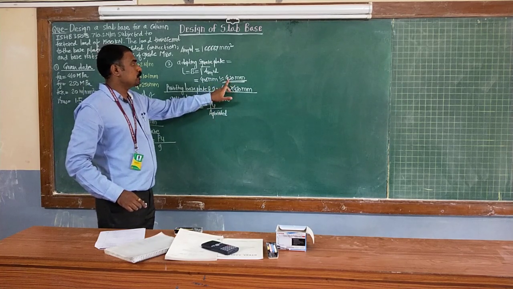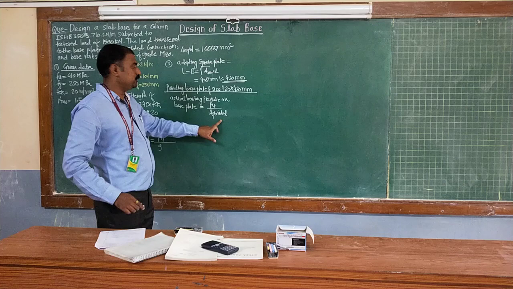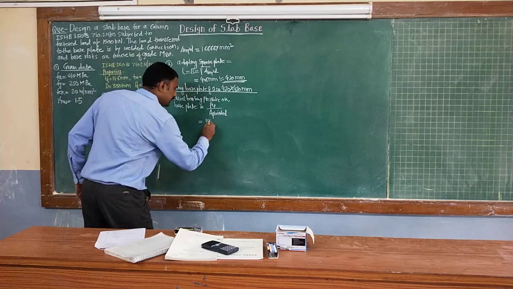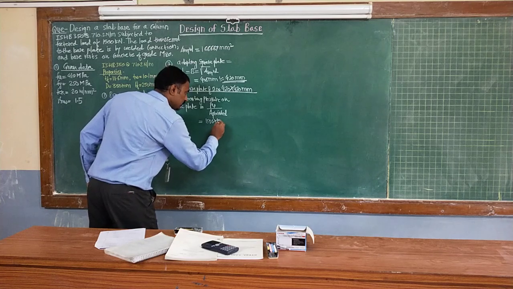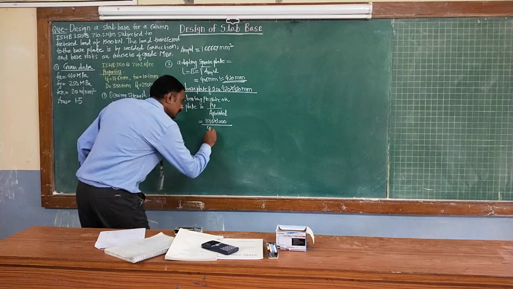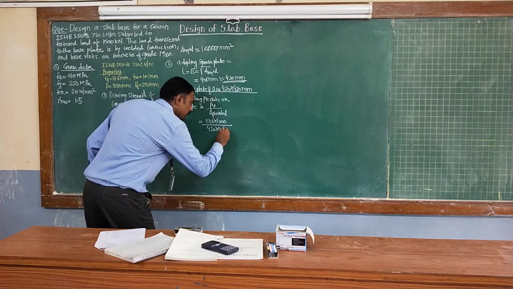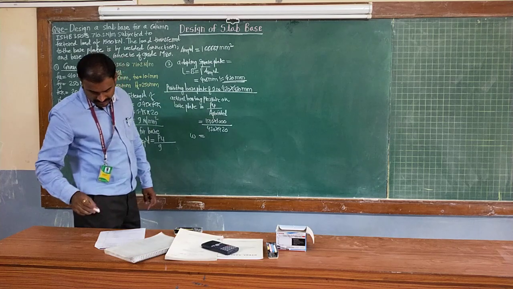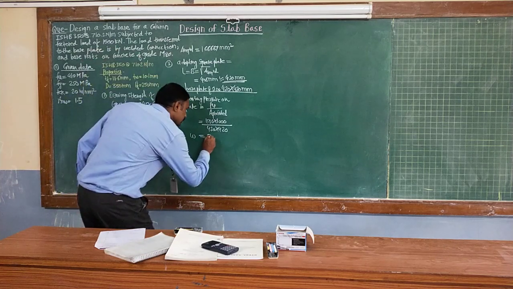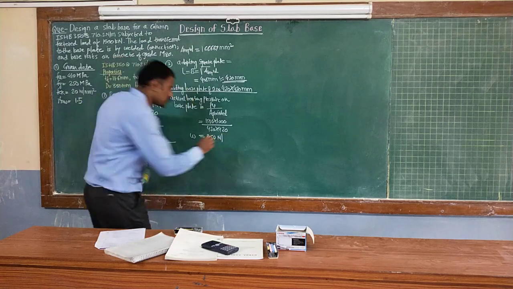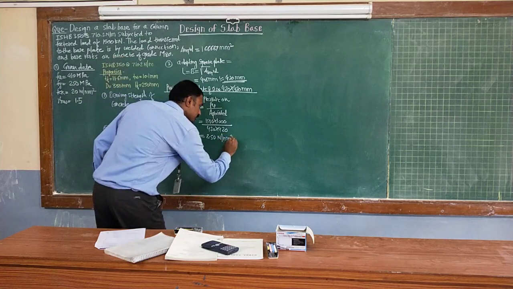So for the actual 420 into 420 square plate, you need to calculate this value. This will be equal to load given, 1500 into 1000 in Newton, divided by area provided, 420 by 420. So you are getting this value as 8.50 Newton per mm square.